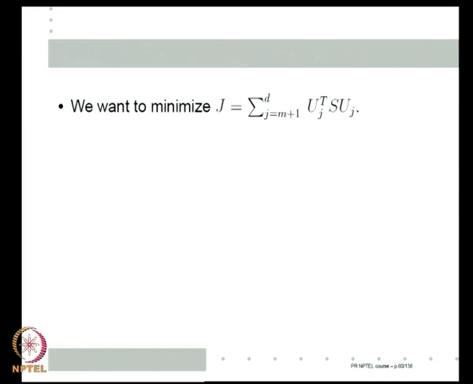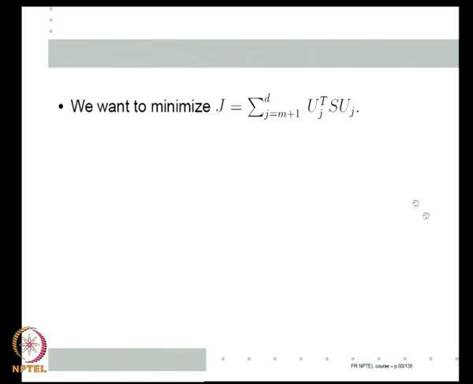Now, coming back to our problem, we want to minimize J, the sum from j equal to m plus 1 to d of Uj transpose S Uj, right, where our constraints are that the Uj's are unit norm, that is Uj transpose Uj is equal to 1, and they are also orthogonal, Uj transpose Ui equal to 0 if i is not equal to j.